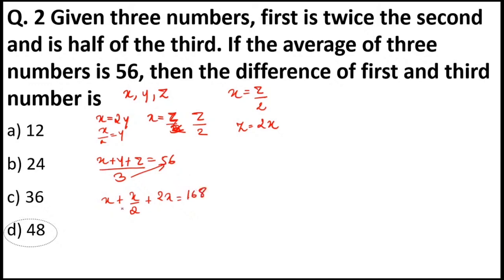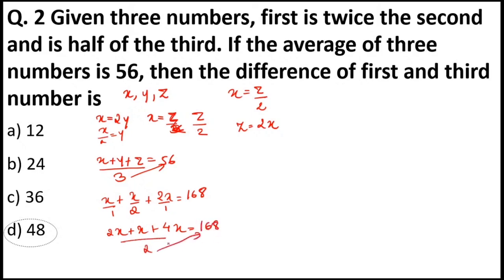Then we will take the LCM of 2. So the LCM of 2 will be 2X plus X plus this 2. Since 2 is not there in the bottom of these numbers, we will multiply 2 over here. So this will be 4X, upon 2. So again, students, this 2 will go over this side to 168.